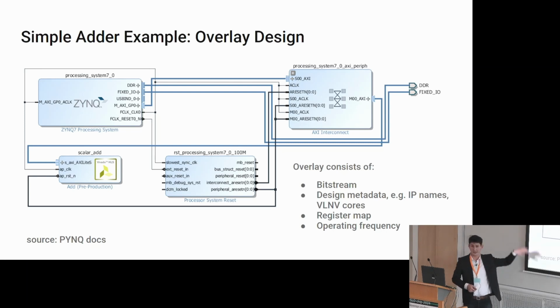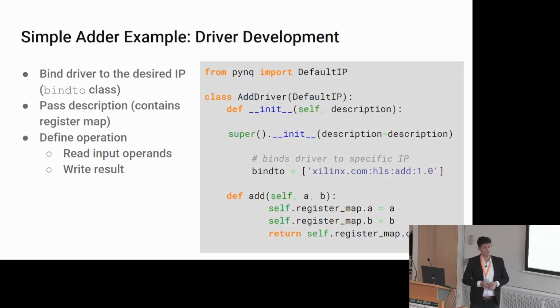When we implement this in Vivado, we get a bitstream, and together with the bitstream, the overlay contains design metadata, the register map, as well as the operating frequency of our design. It's really useful to write a driver for your accelerator, and it's done in Python.